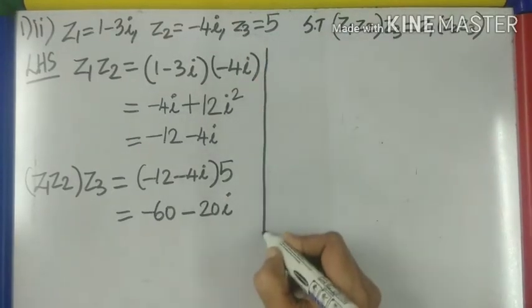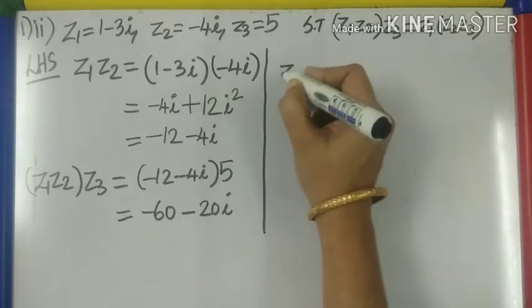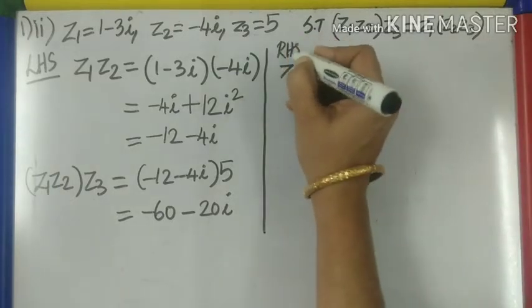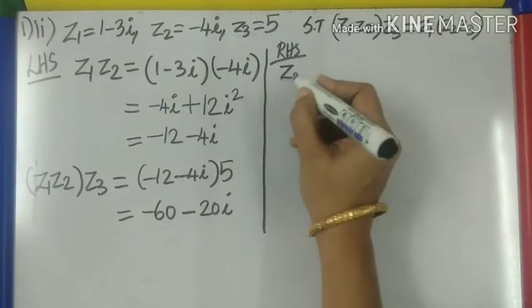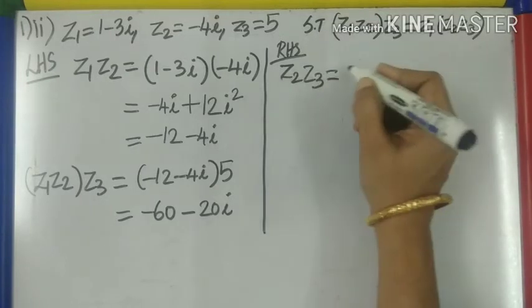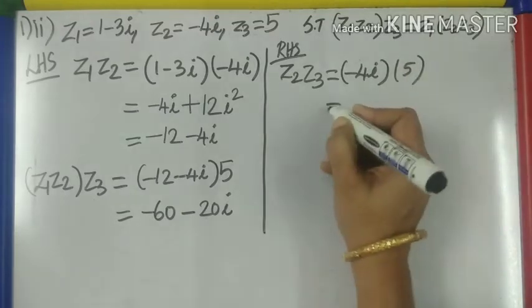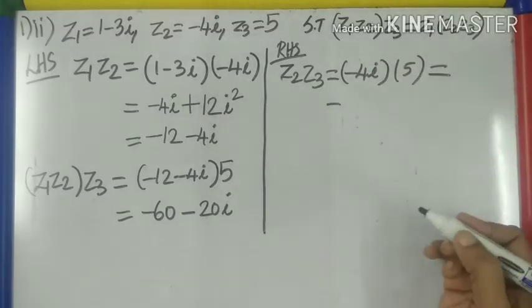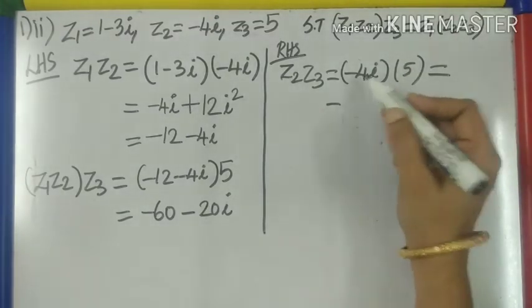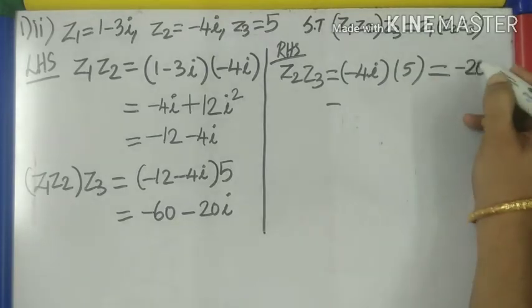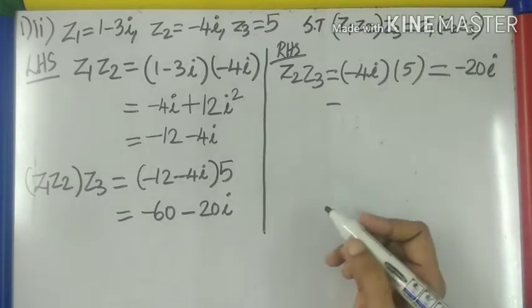Same way, we'll proceed on to the RHS. For RHS, first find the bracket, Z2 Z3. Z2 is minus 4i, Z3 is 5. As I multiply, it's a simple multiplication, 5 into 4, 20. So my answer is minus 20i.